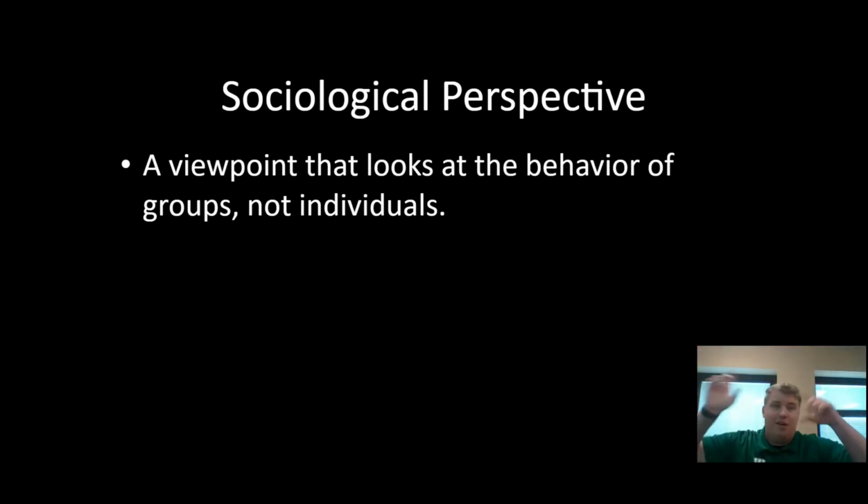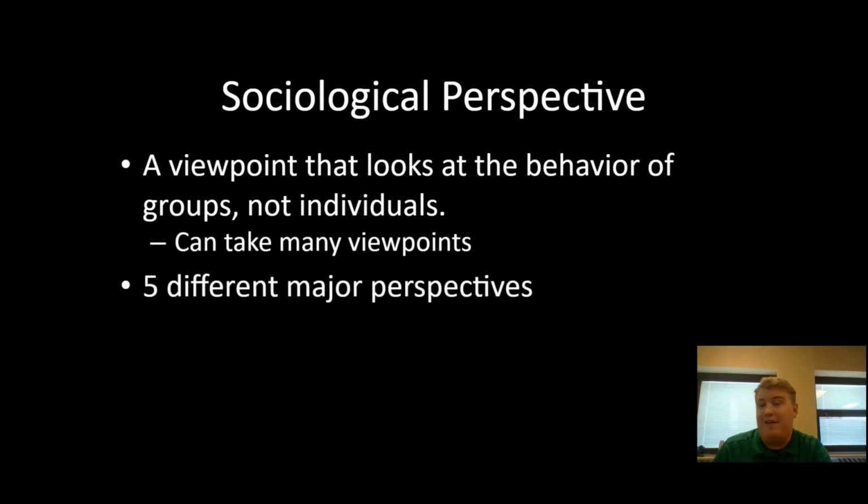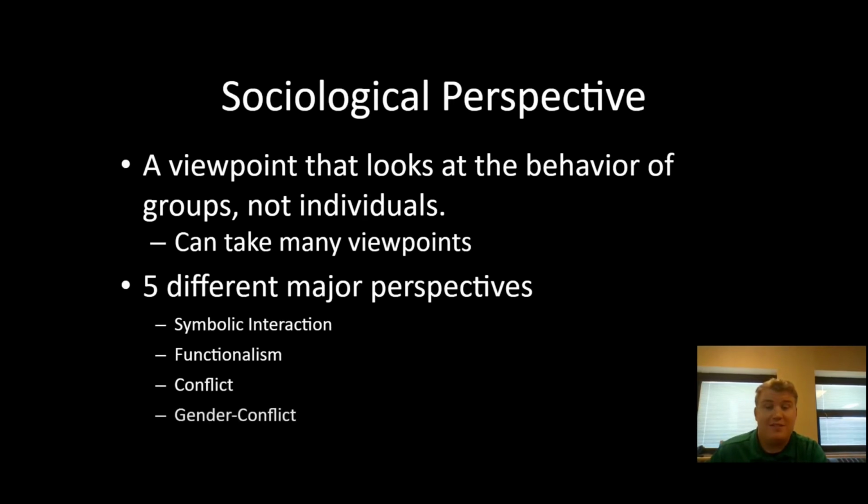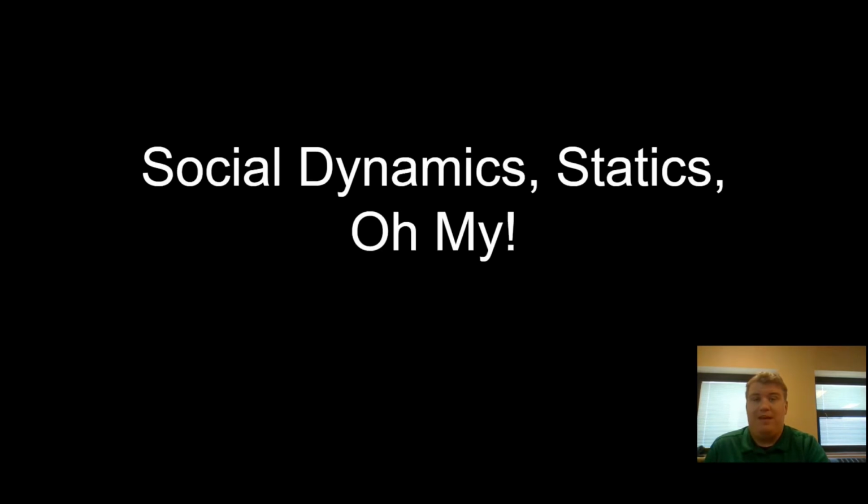If you put on another perspective or another lens, you're going to see society in another way. So there are going to be 5 major perspectives: the symbolic interactionist, the functionalist, the conflict, the gender conflict, and the race conflict. And guys, we're going to spend some time on these 5 later this week. So get to know those, get to love them, because we're going to be spending a bit of time with them.